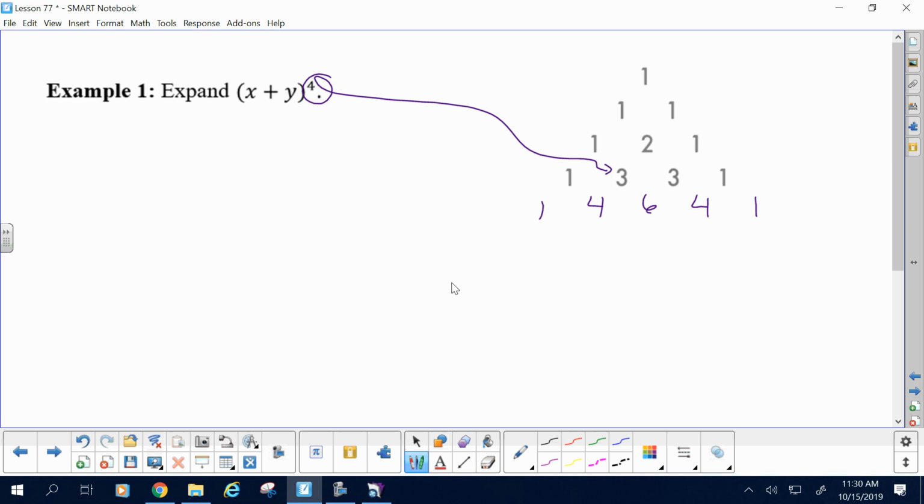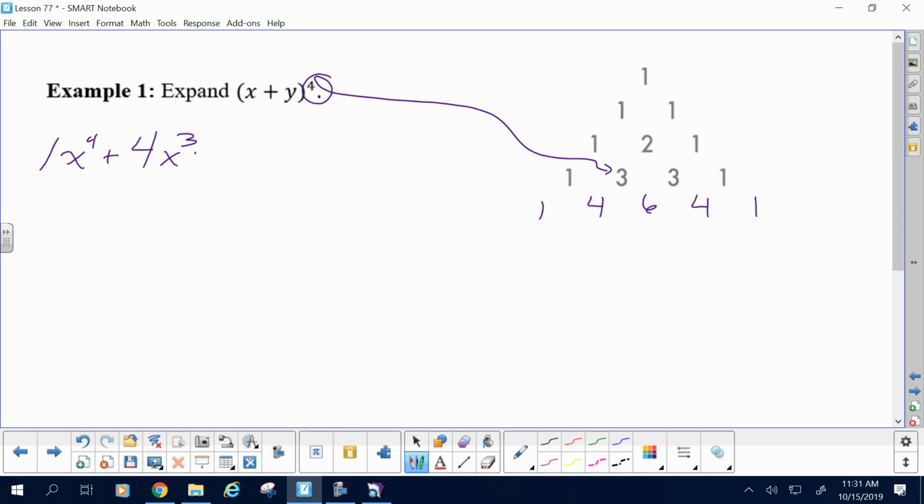And let's start. The first coefficient is 1, and the variable that goes with 1 is x to the 4th, and no y's. Plus, the next coefficient is 4. X changes to x to the 3rd, or cubed, and now we get y's instead of y to the 0.